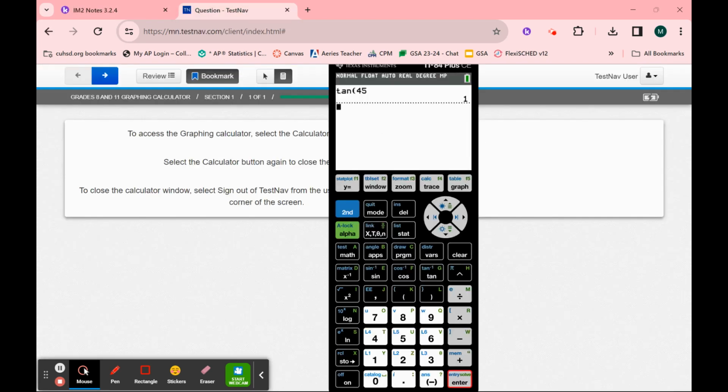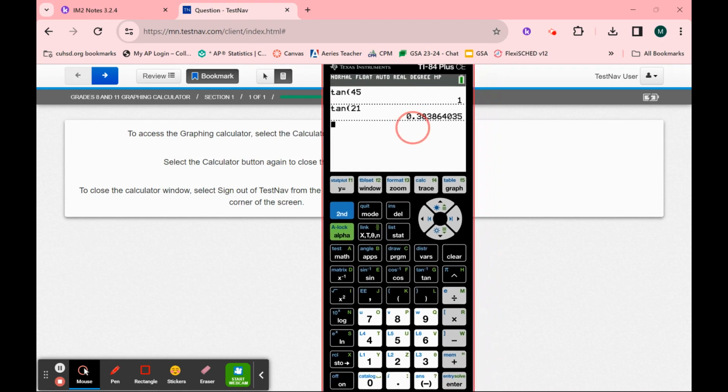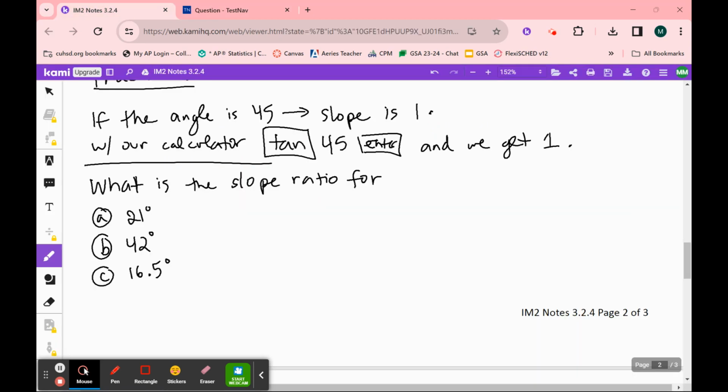21 degrees, no problem. Tan, 21, enter. And we usually use 4 digits. So this is 0.383, and I'm going to round up to 9. The slope is 0.3839.